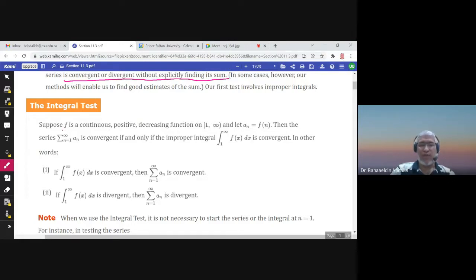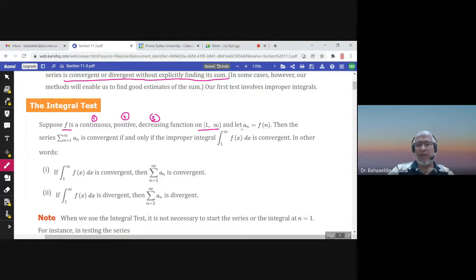Suppose f is a function. Suppose this function is continuous and positive and decreasing on the interval 1 to infinity. Because usually the series starts from n equals 1, we need the function f to be continuous, positive, decreasing on the interval 1 to infinity.